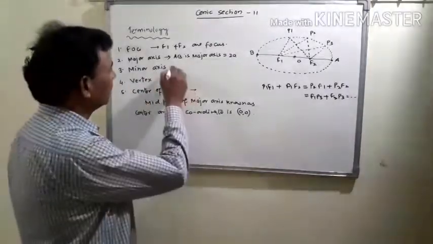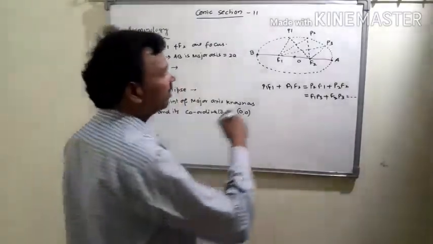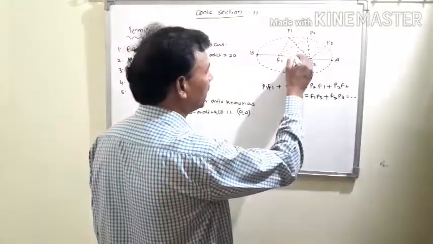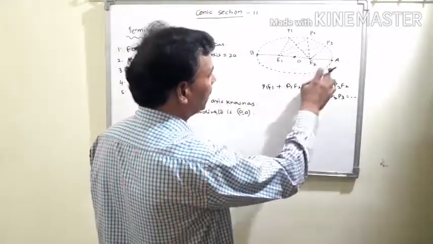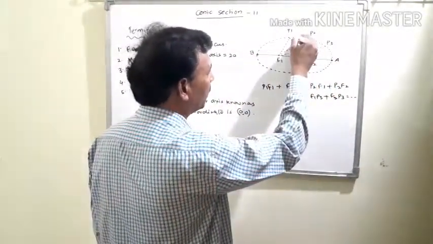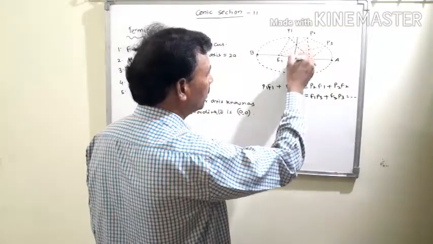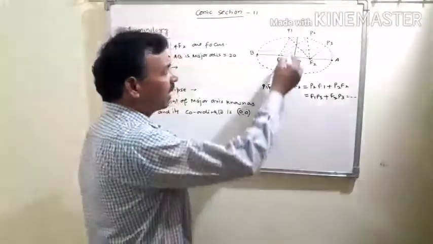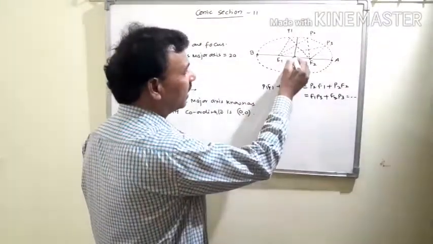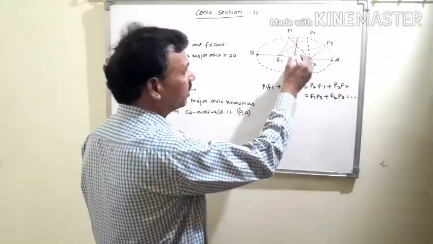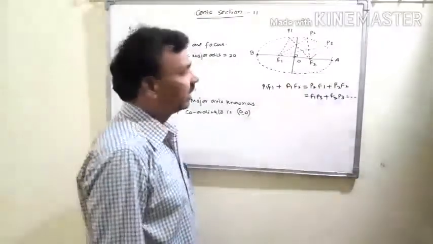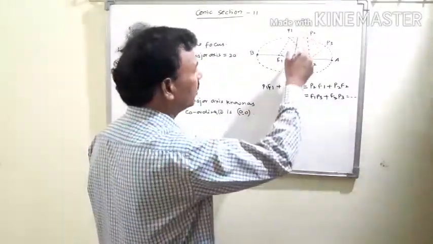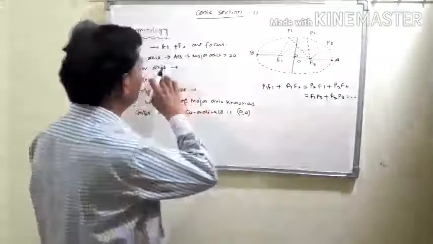Now we will discuss the minor axis. The minor axis is a line that passes through the center of the ellipse and is perpendicular to the major axis.